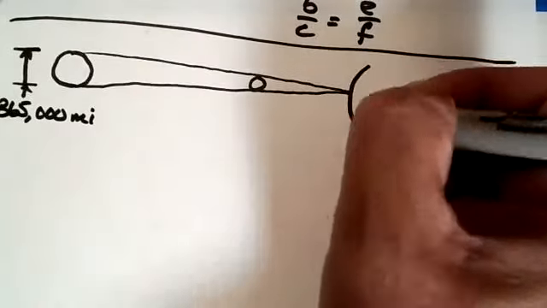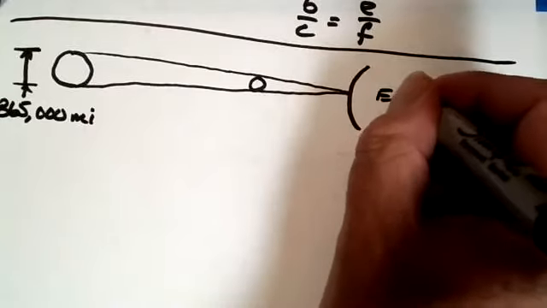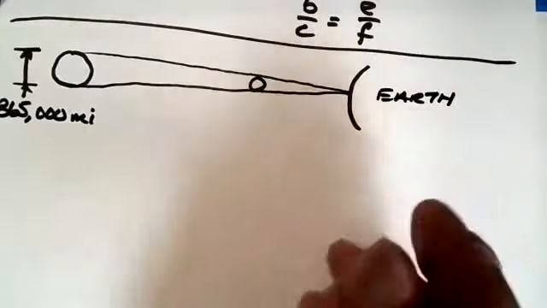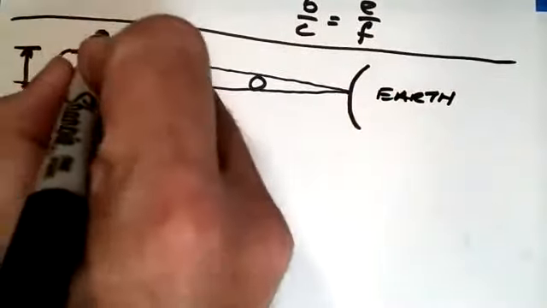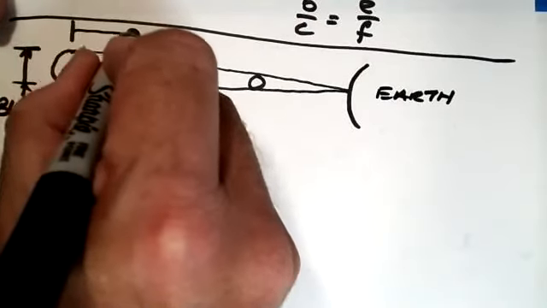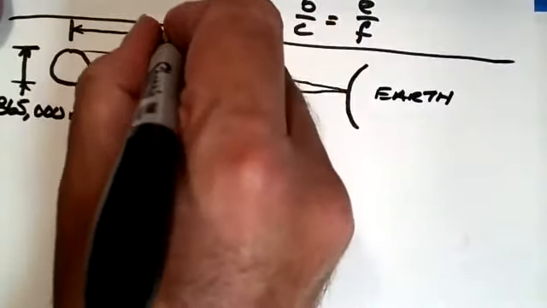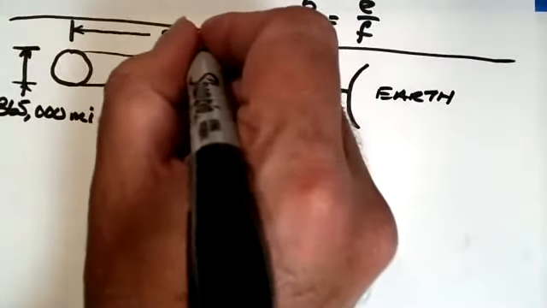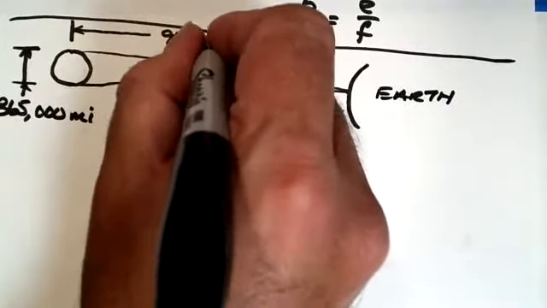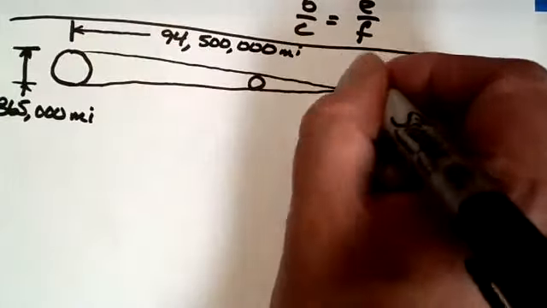Let's say that this planet, just because I have the numbers handy here, is the Earth. So we're talking about this distance, which is 94,500,000 miles.